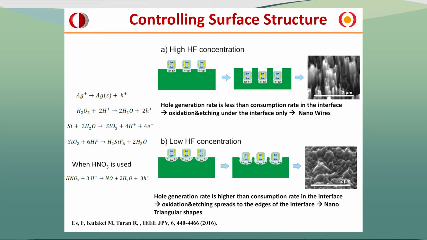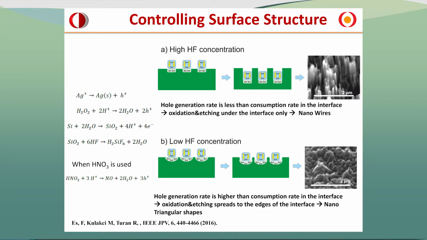When you look at the chemistry here, you see that the HF concentration is very critical. If you have high HF concentration, the etching takes place just under the metal nanoparticles immediately. So the hole generation rate is less than the consumption rate in this case, and this leads to formation of nanowires.